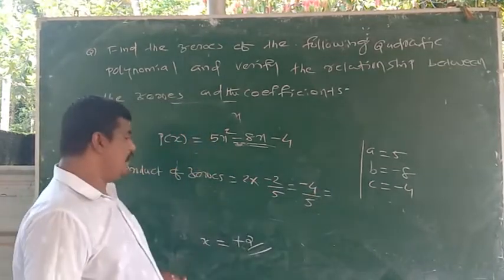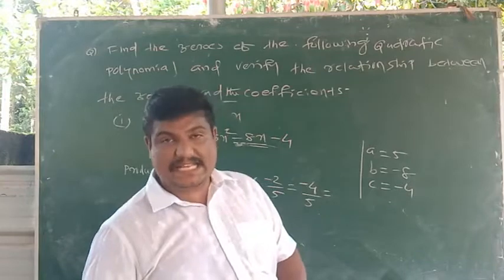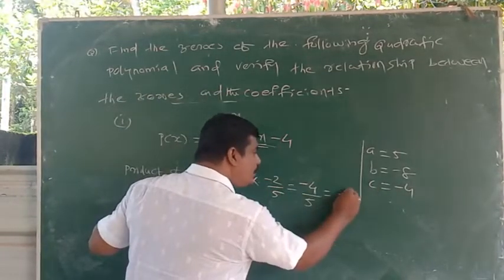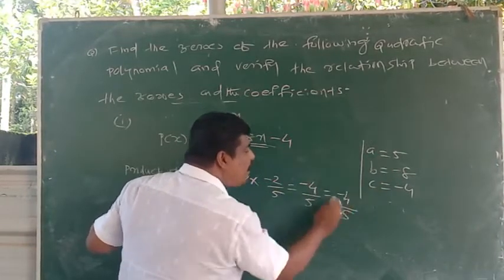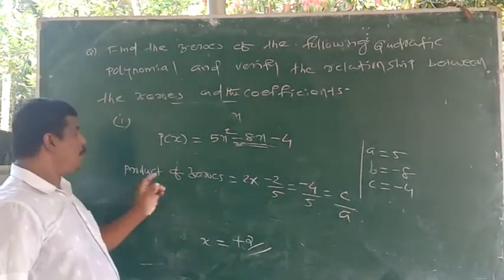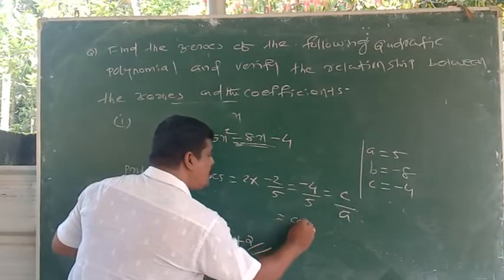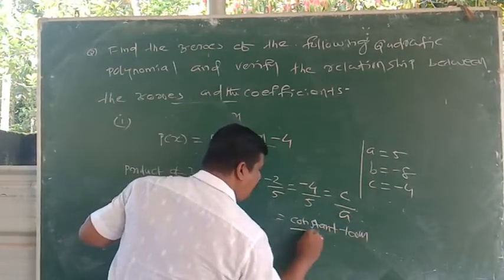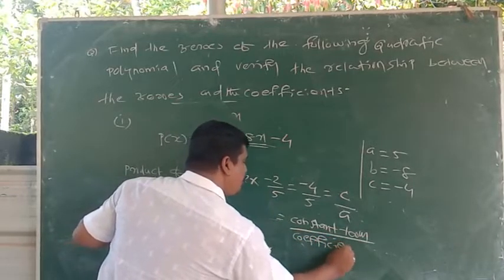Okay. Here the product of zeros, alpha beta, is equal to c by a. What is c? c is minus 4, a is 5. Correct, c by a. So the product of zeros is equal to c by a, that is, the constant term divided by the coefficient of x square.